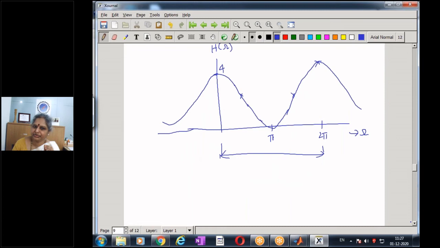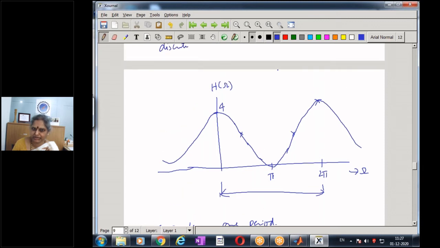Now, what if I try to take 4 samples from one period? So what are my samples going to be? Say my omega is at 0, pi by 2, pi, and 3 pi by 2. And of course 2 pi is the same as 0.